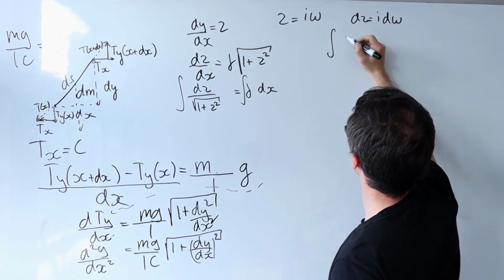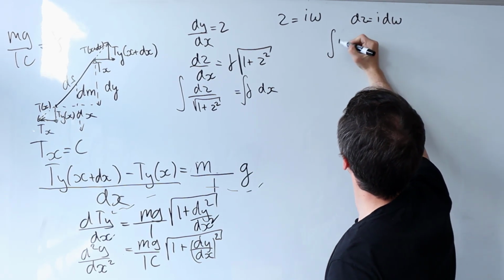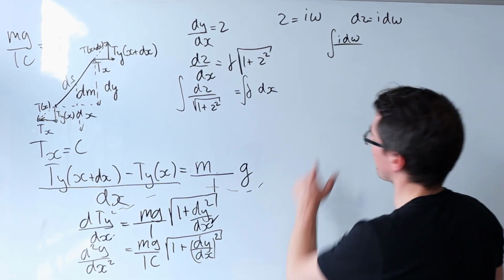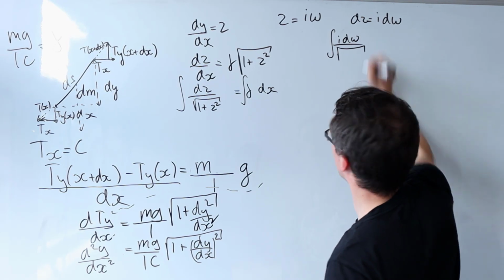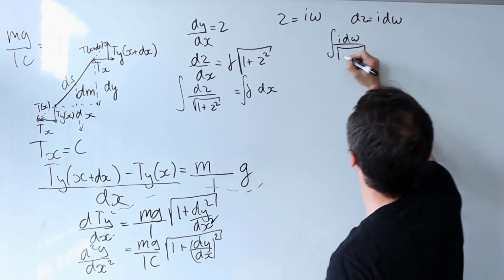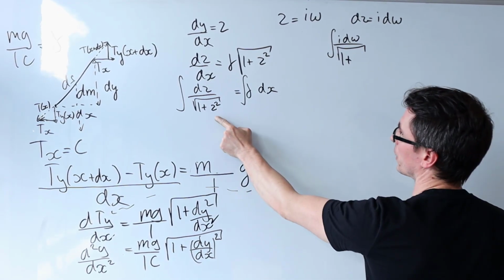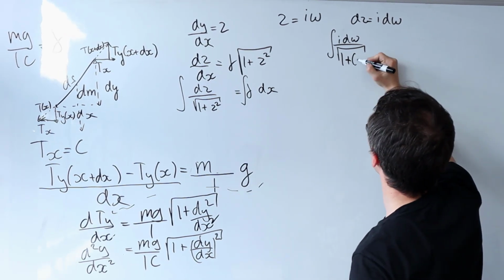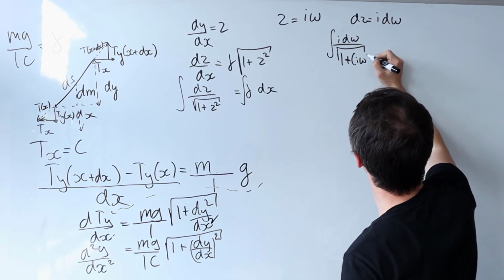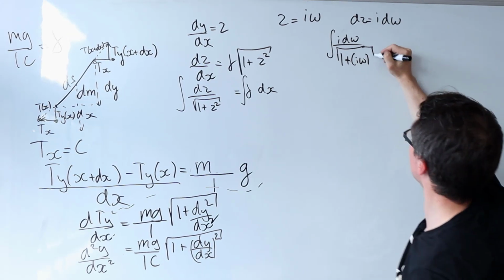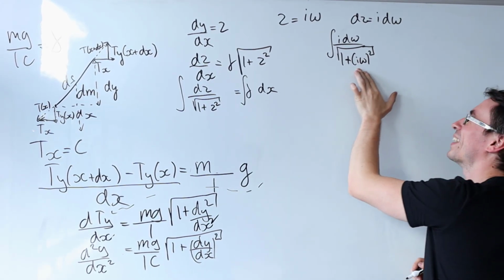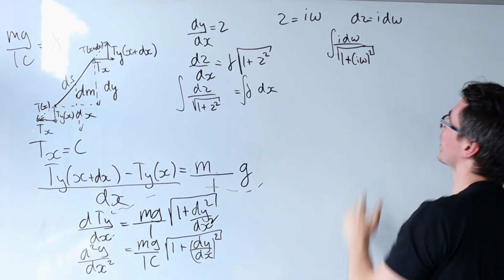So this will turn into the integral of i dw, divided by the square root of 1 plus z squared. Now z squared is i w squared, so the square of i is just minus 1.